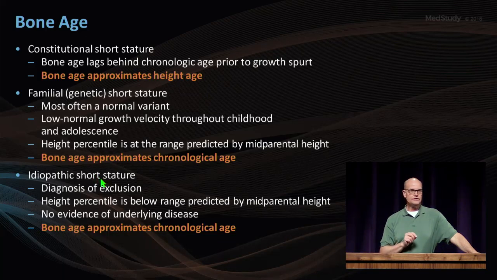Now, how do you tell the difference between idiopathic short stature and genetic short stature? The key lies right here. Are you going to be predicted to meet your mid-parental height, or are you going to be below your mid-parental height? So how do you figure out mid-parental height?